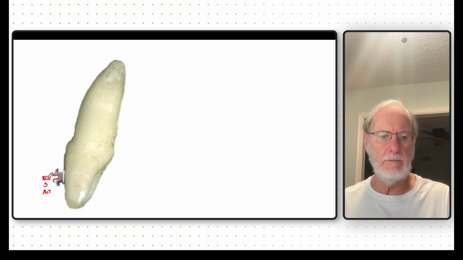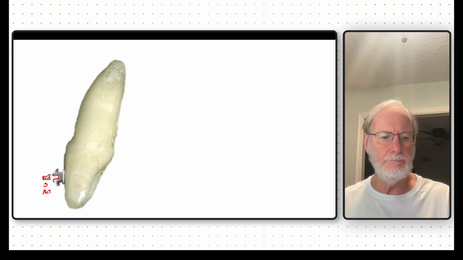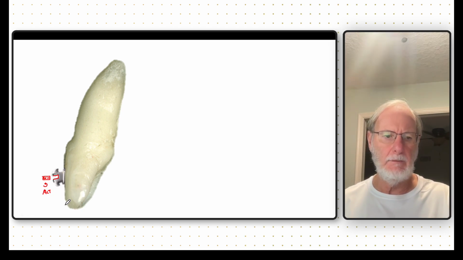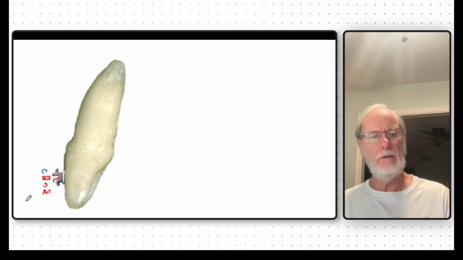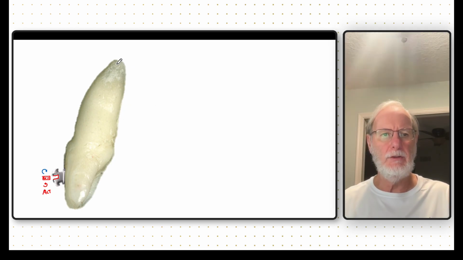And once the wire is inserted into the bracket, it will deactivate in the opposite direction, giving you a torque effect that will tend to push the apex lingually, which is what you want.